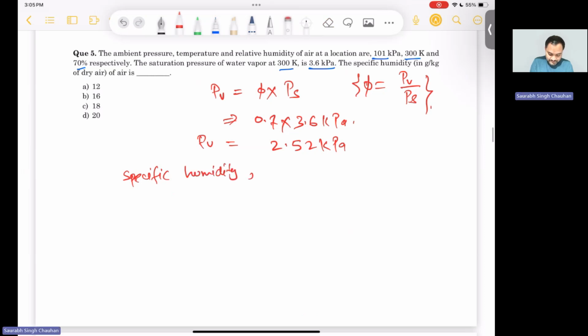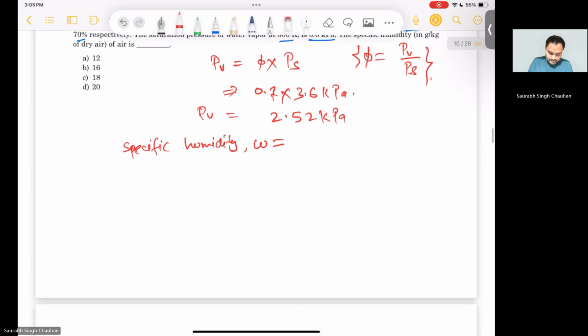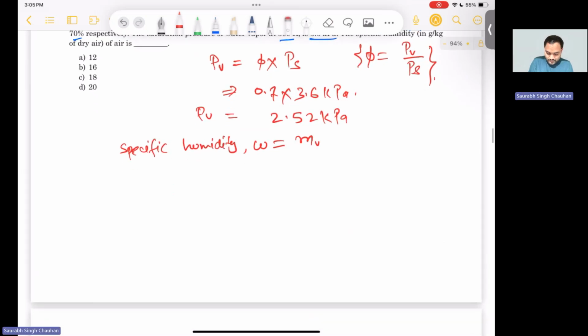The specific humidity we discussed, it is mass of water vapor divided by mass of dry air.